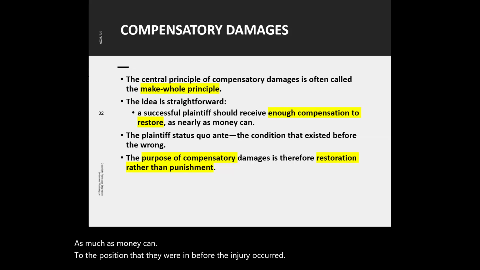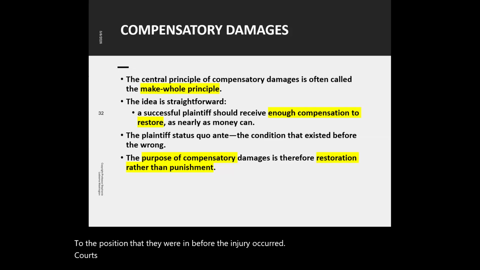Courts sometimes describe this objective as the plaintiff status quo ante rule. The plaintiff's status quo ante, A-N-T-E, before rule, right?